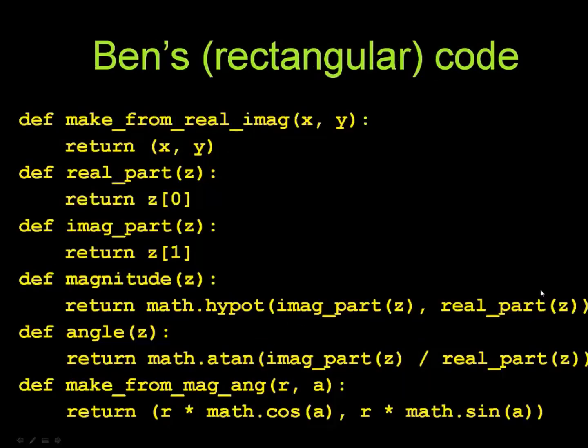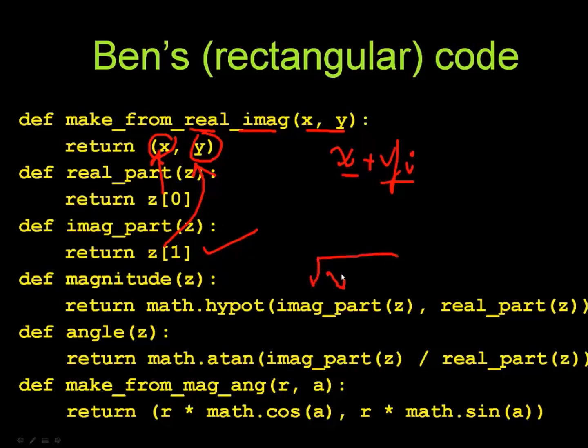Let's first look at Ben's code. In Ben's code, it's real, imaginary, x and y, so it's a rectangular coordinate: x plus yi, where x is the real part and y is the imaginary part. Essentially, you use a tuple of x and y to keep the real and imaginary parts. The magnitude is the square root of x squared plus y squared, that's the hypotenuse.